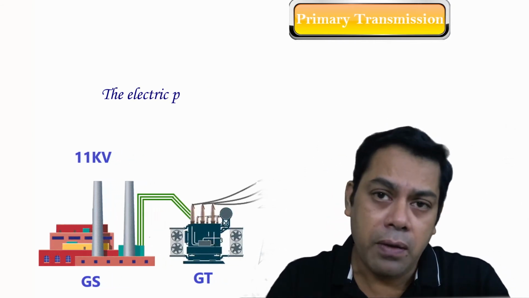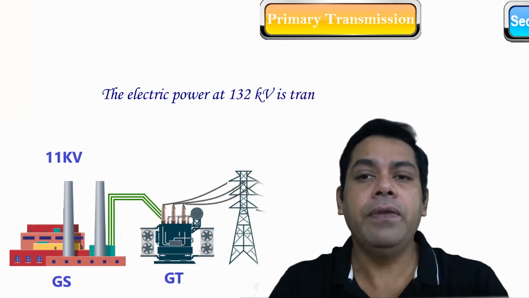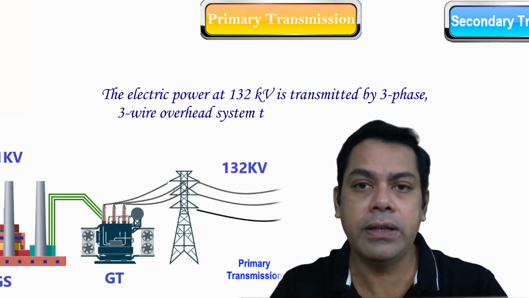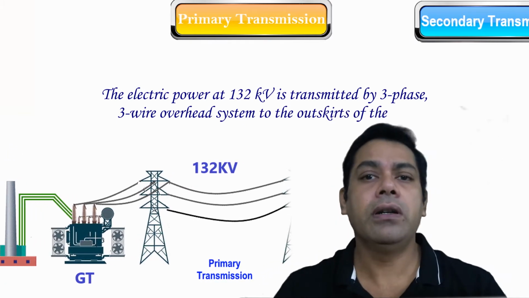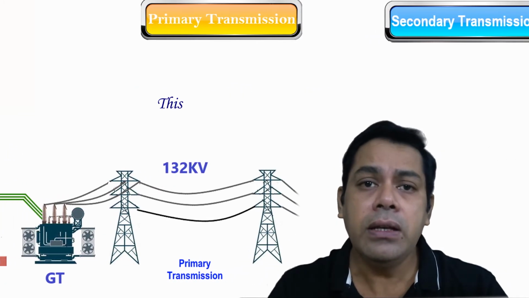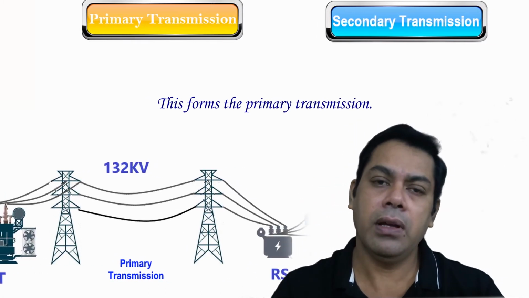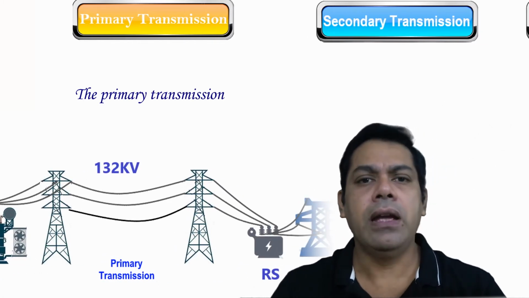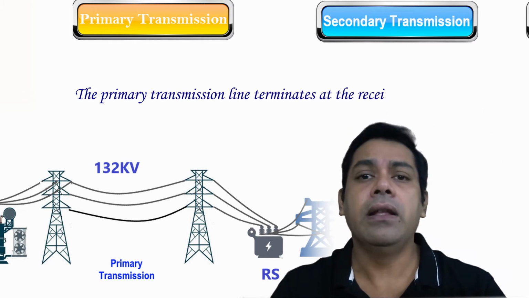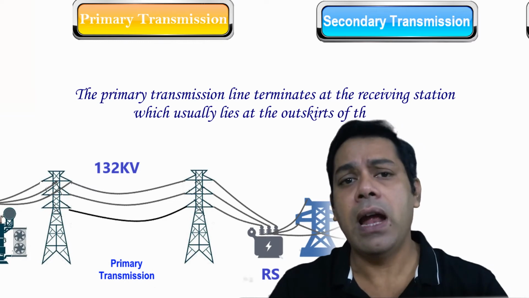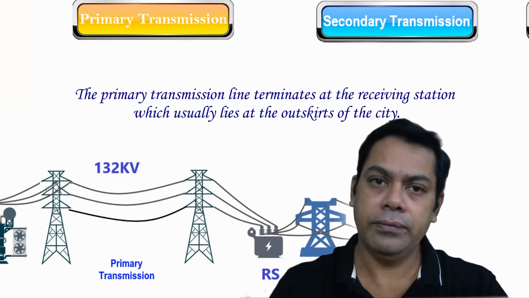The electric power at 132 kV is transmitted by a three-phase, three-wire overhead system to the outskirts of the city. These form the primary transmission. The primary transmission line terminates at the receiving station, which usually lies at the outskirts of the city.